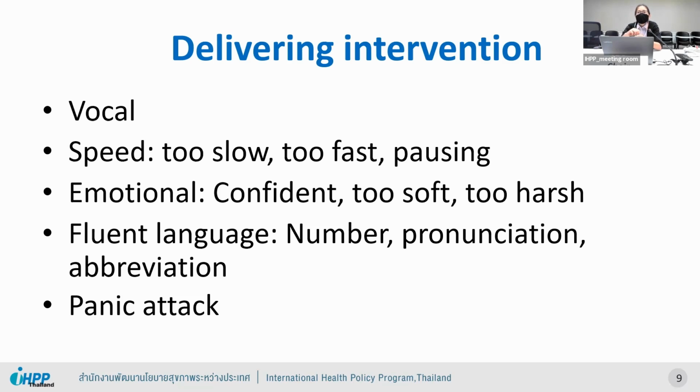Because if it is actually $20,000 and I read $200,000, that would be a big problem, right? So this is key information that you have to make sure is correct and that people can hear it properly.